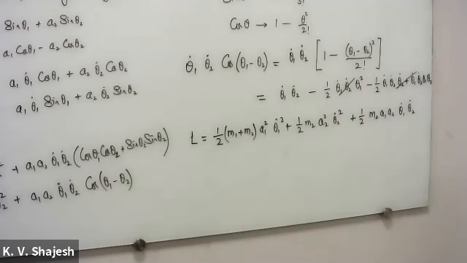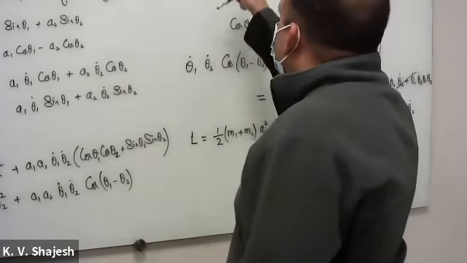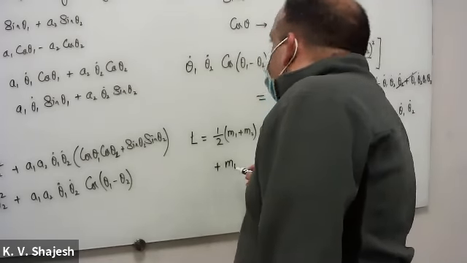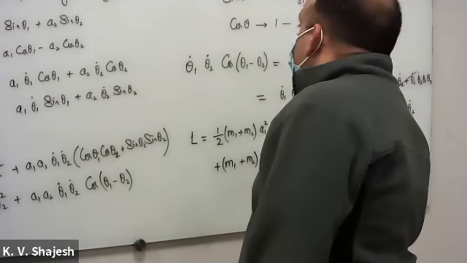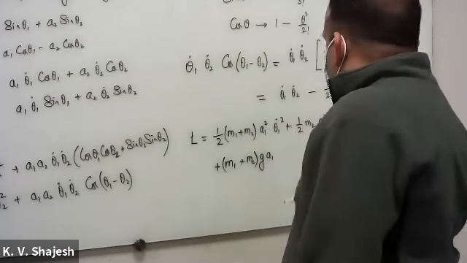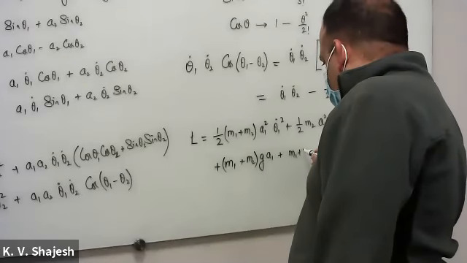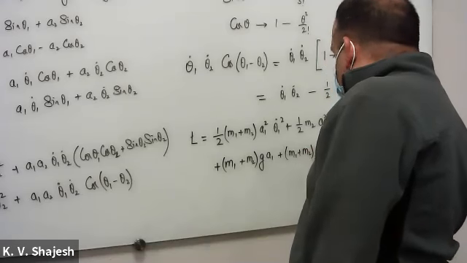Okay. So if you allow me to do that, so that's this. And I'm approximating (M1 plus M2) cosine theta. Remember, I had to go to the next order, M G A1. This is 1 plus (M1 plus M2) G A1.